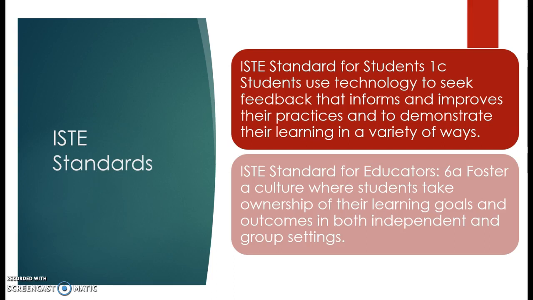Foster a culture where students take ownership of their learning goals and outcomes in both independent and group settings. And I do believe this is a source that gives students that little bit of ownership in their education, and it is a source that they have to choose to use, so they are taking responsibility for their learning on their own.